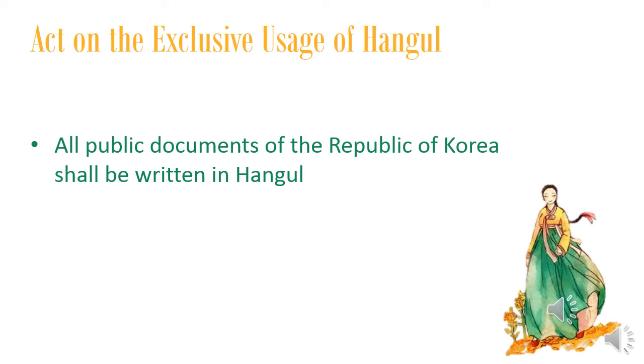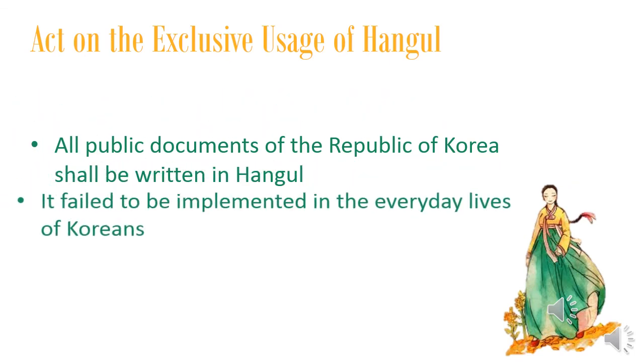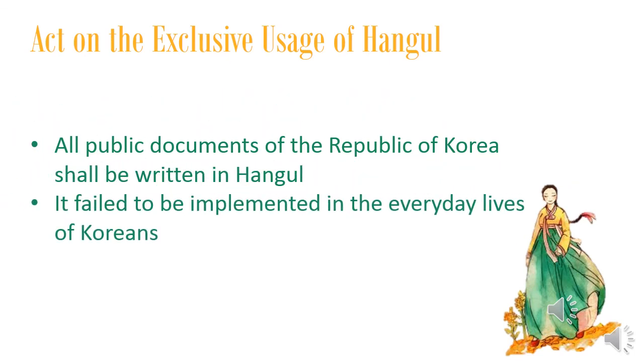However, the act failed to penetrate into the everyday lives of Koreans, and its public literature, newspapers, and even academic publications continued to include Chinese characters. So, the exclusive usage of Hangul was only successful when the new generations emerged. So, at present, Koreans mostly use Hangul for writing.